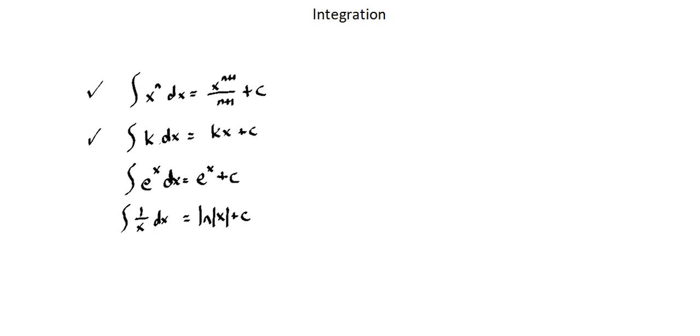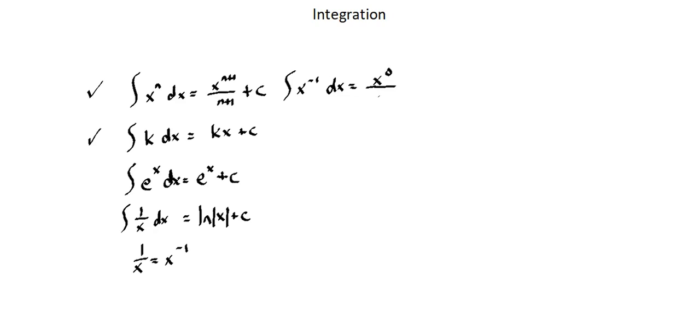Notice that 1 over x is equal to x to the power of negative 1. Now, if we wanted to use the reverse power rule for x to the power of negative 1, if we try to take the integral of x to the power of negative 1 with respect to x, we're going to end up with x to the power of negative 1 plus 1, which is 0, over n plus 1.